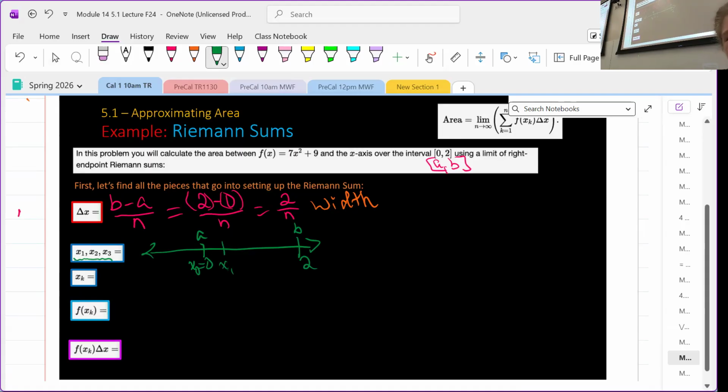But when I'm going to go to that first x value, or the next x value, and on and on and on, and this is supposed to be dot, dot, dot, meaning there's a whole bunch of x's in there, I get to my first x value by starting from 0 and adding my width, 2 over n.